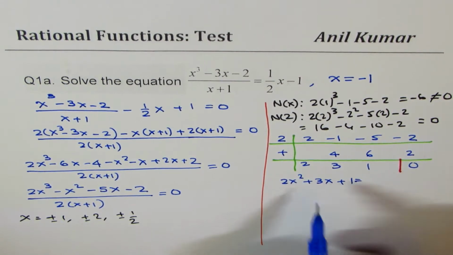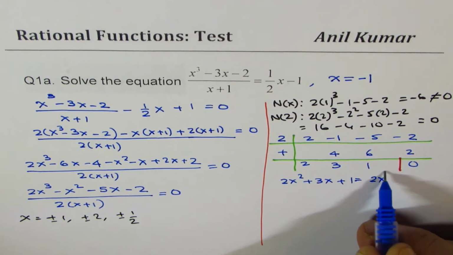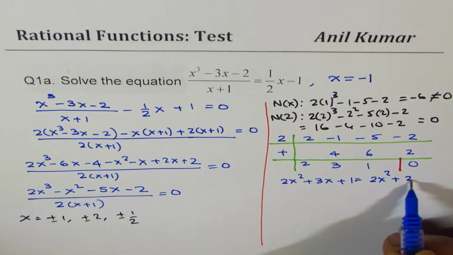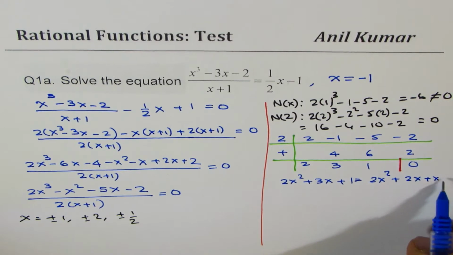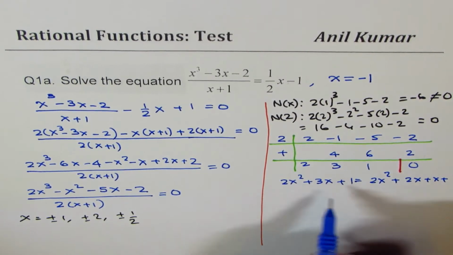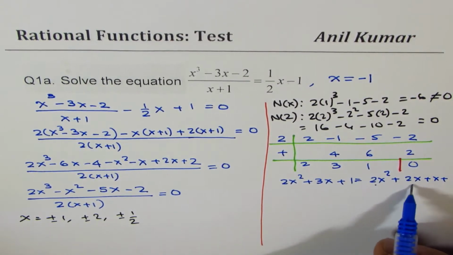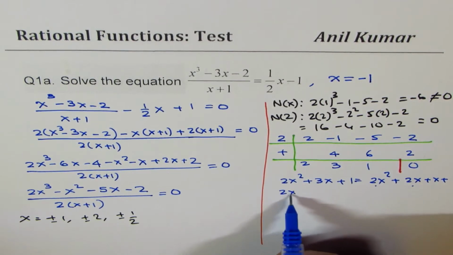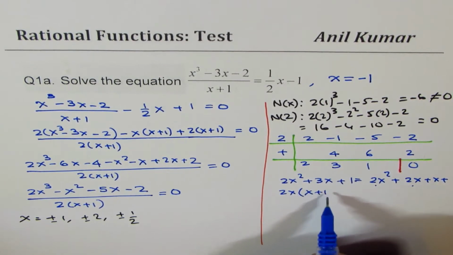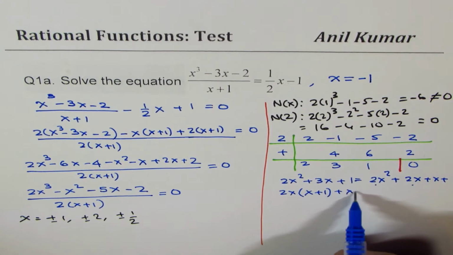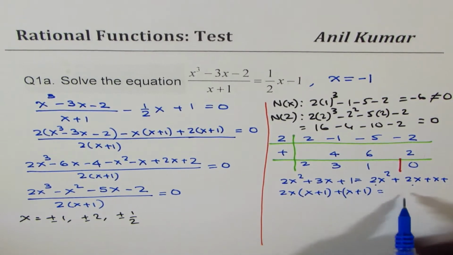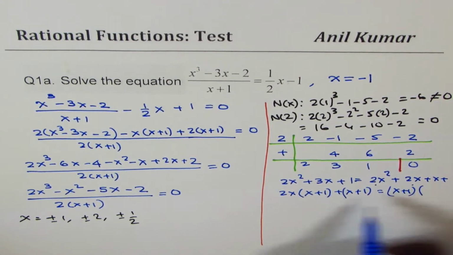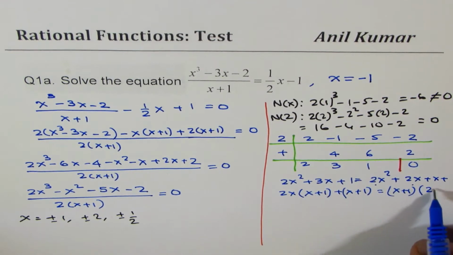So we could write this as 2x squared plus 2x plus x plus 1, and now we can factor this. From these two we can take 2x common and you get (x plus 1), and we already have (x plus 1) here. Taking (x plus 1) common, we can write this as (2x plus 1).